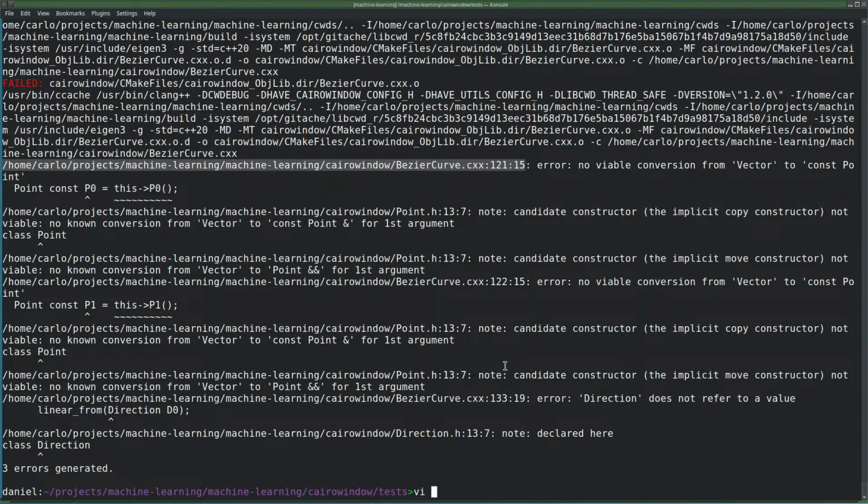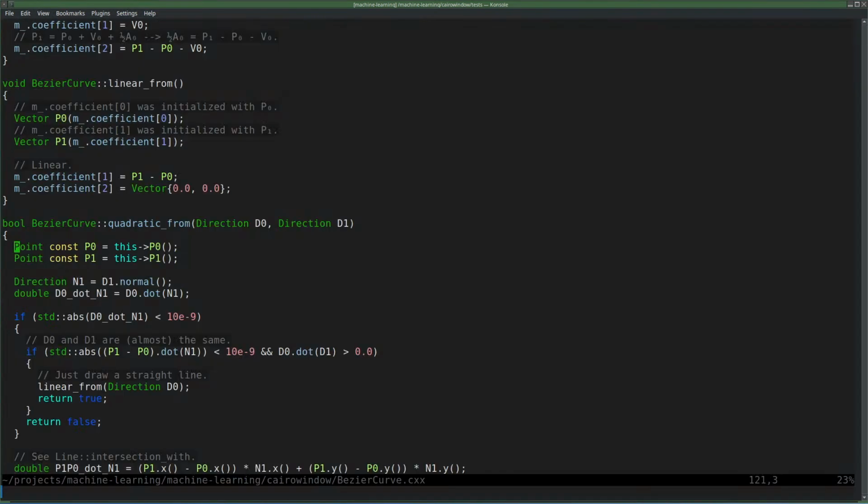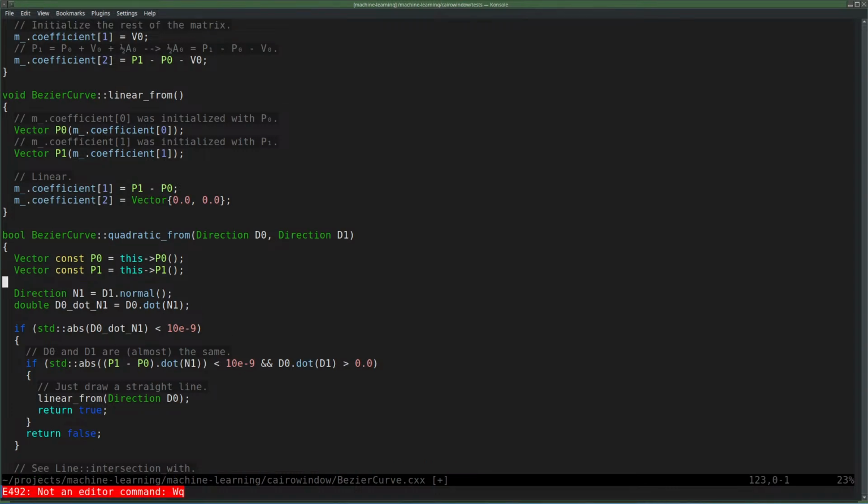Error, new variable conversion from vector to const points. Oh, might as well use vectors. Probably even want to use vectors.